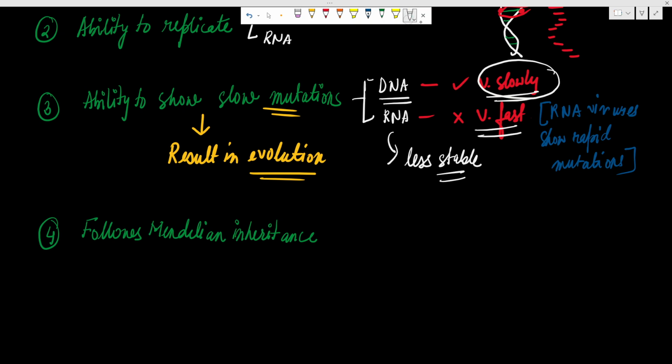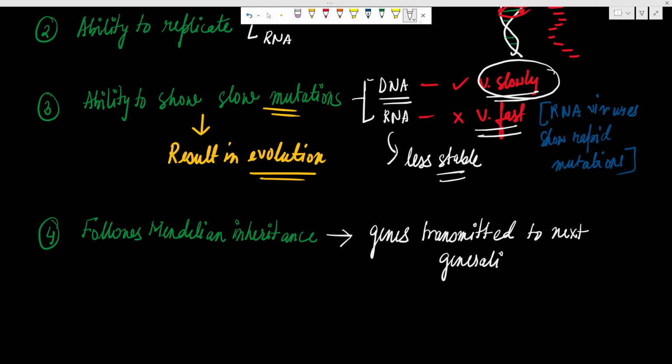What does this mean? That genes are transmitted to next generations. Okay, as we all know that Mendel spoke about the genes which can get transmitted to the next generation. So whatever is the genetic material must follow that. So of course we all know that DNA contains genes and they are transmitted to the next generation.